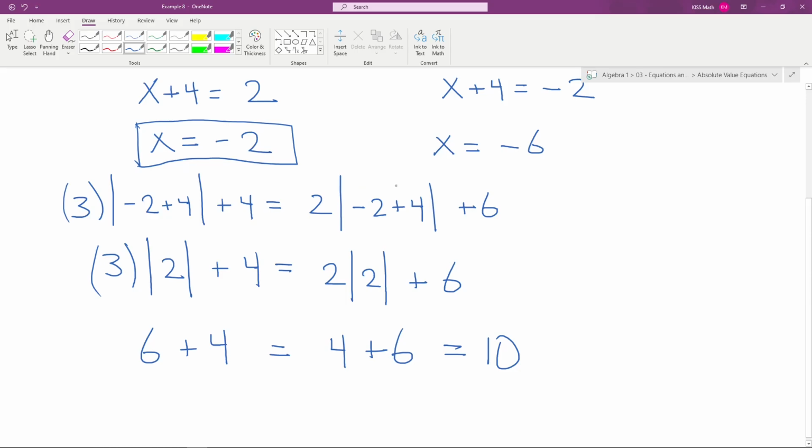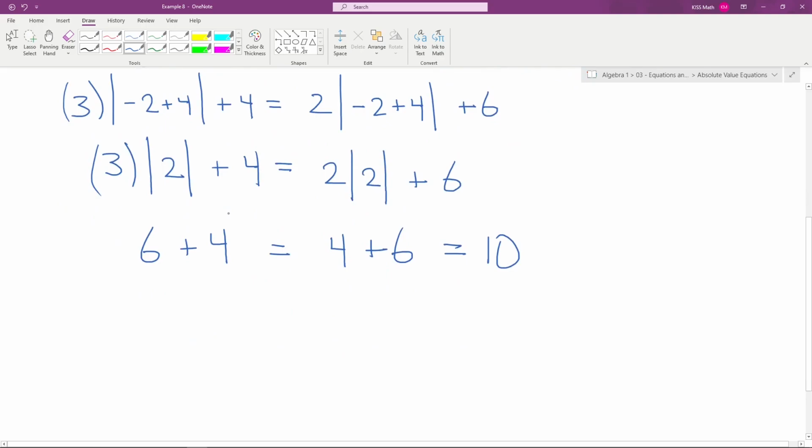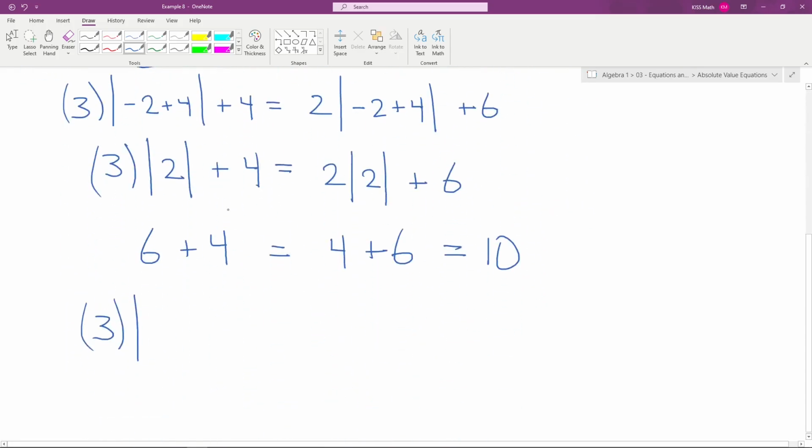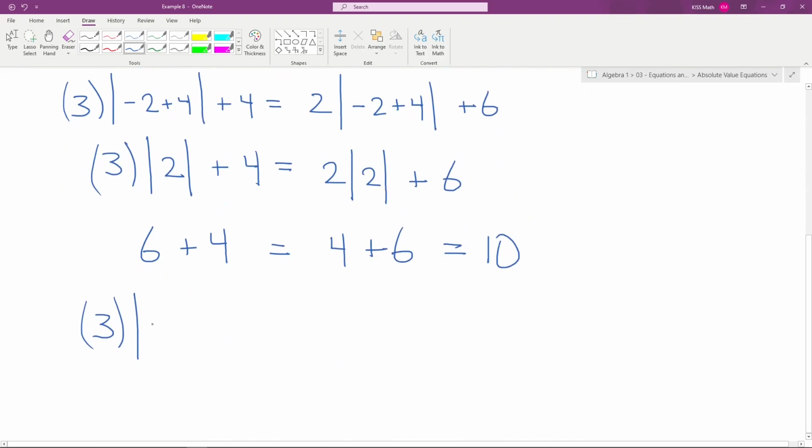If I plug in negative 6, that would give me 3, and I'm just going to, instead of negative 2, I'm putting in a negative 6. So negative 6 plus 4 is negative 2 plus 4, and then again 2 times, instead of negative 2, that's negative 6, so again that's negative 2 plus 6.